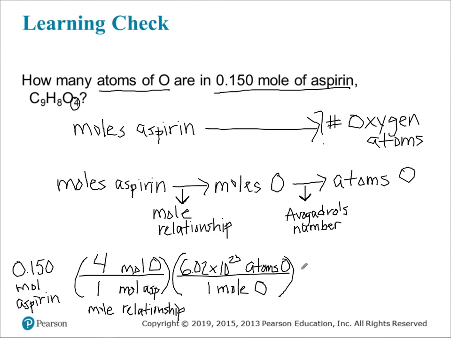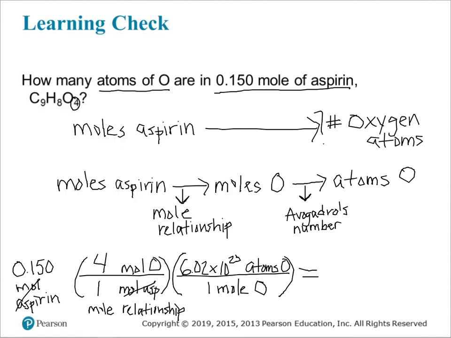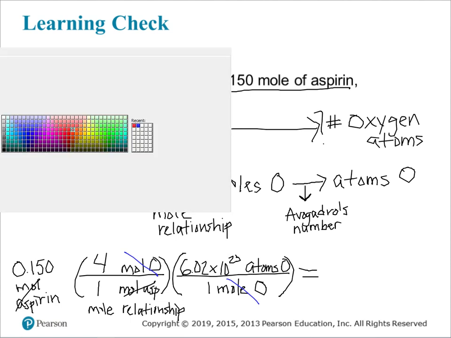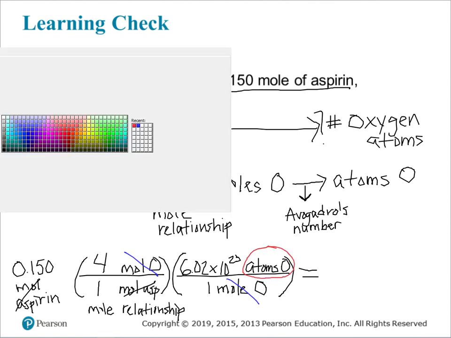That will get rid of our moles. So we start with moles of aspirin. We cancel that out. Then we have moles of oxygen, and we cancel that out. You're going to see the screen covered up a little bit when I'm changing colors. And we're left with atoms of oxygen.